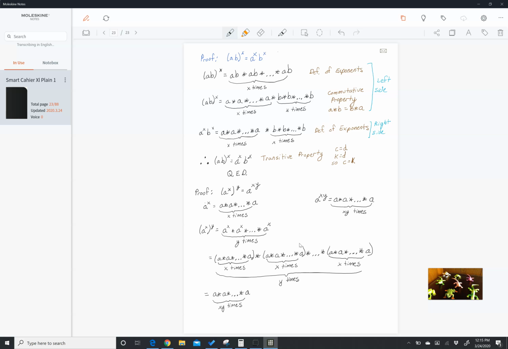So now we have the left side equal to the right side. So we could put in our therefore statement. So therefore, a to the x to the y is a to the x y. And we just write in our QED.